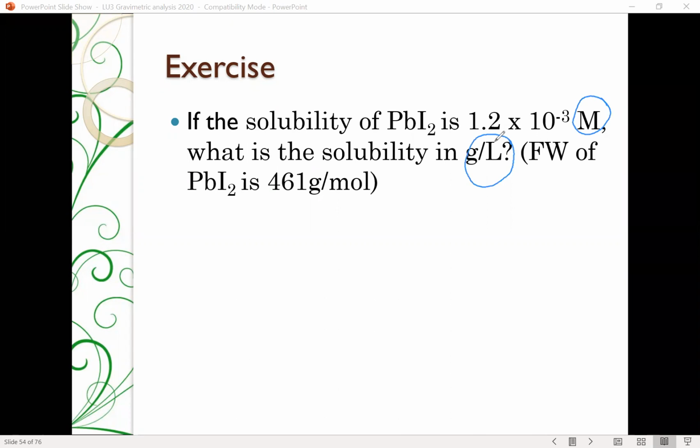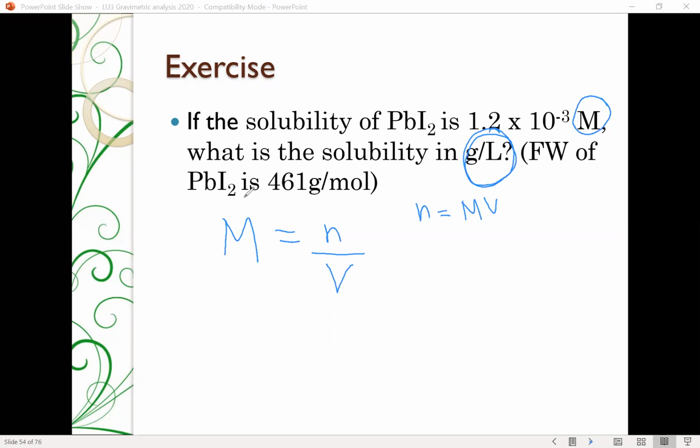So how do you do it? Molarity equals mole per volume, because it comes from n equals MV. From here, you can calculate the solubility in gram per liter.